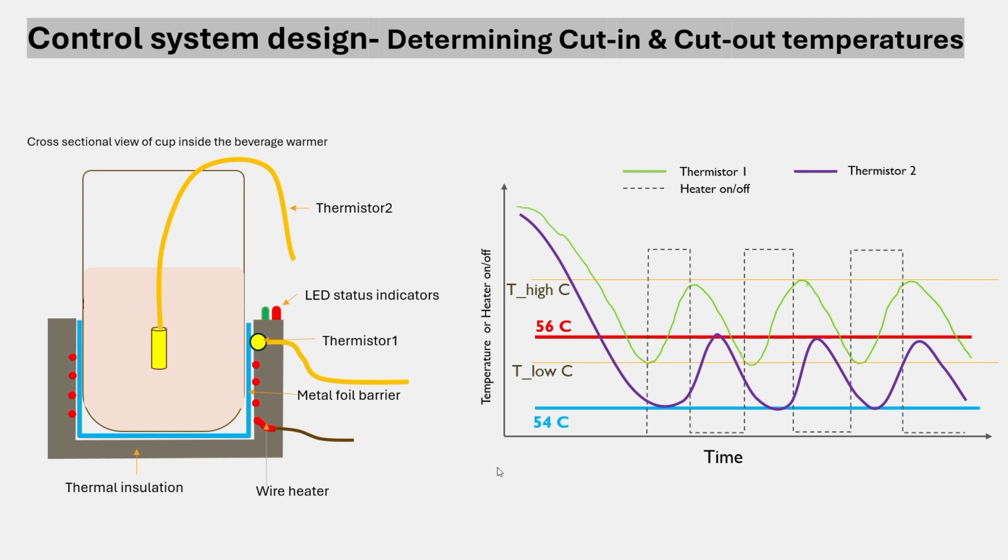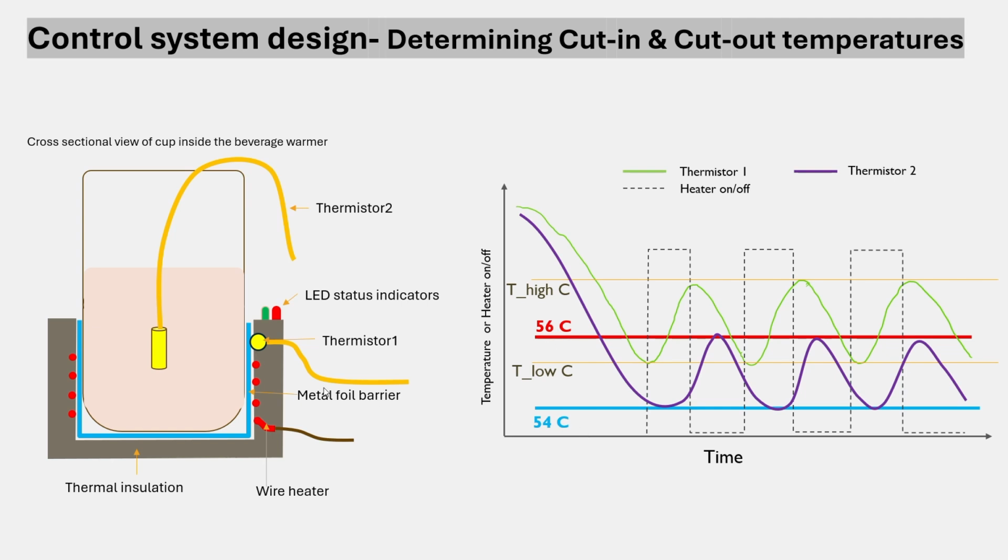Everybody received two thermistors in this project. So the purpose of those two thermistors that was explained before was to help you determine the cut-in and cut-off temperatures that you want to operate your thermistor at, such that the temperature of the water is between 54 and 56, right?